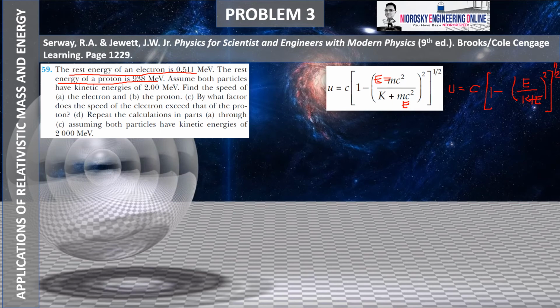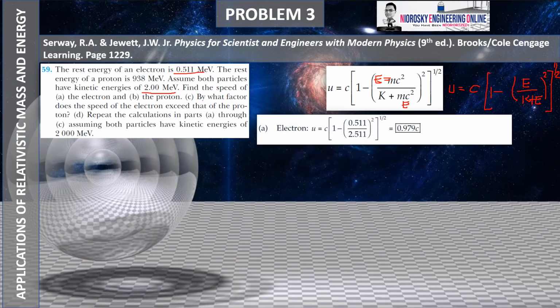Applying that, given that the rest energy of the electron is 0.511 mega electron volt and the kinetic energy is 2 mega electron volt, 2 plus 0.511 gives 2.511, and E is 0.511.